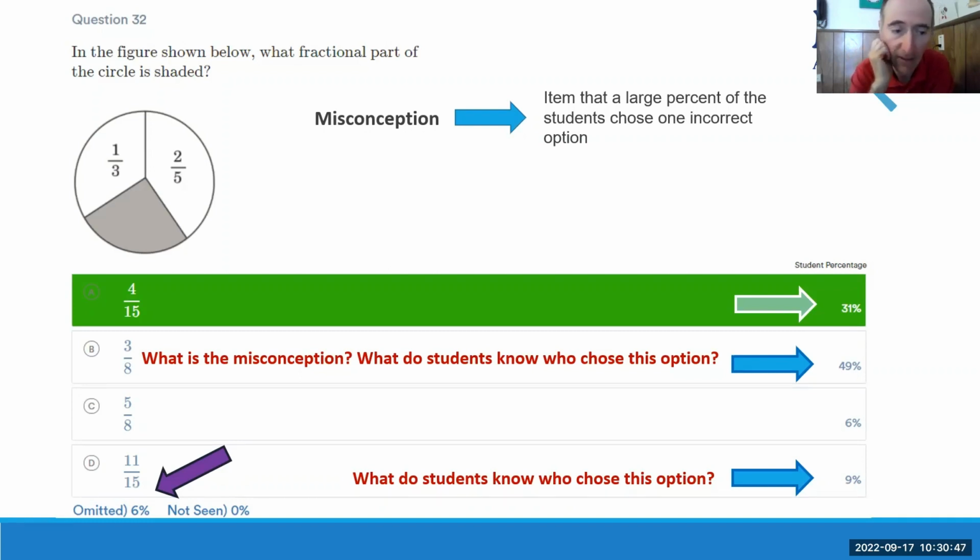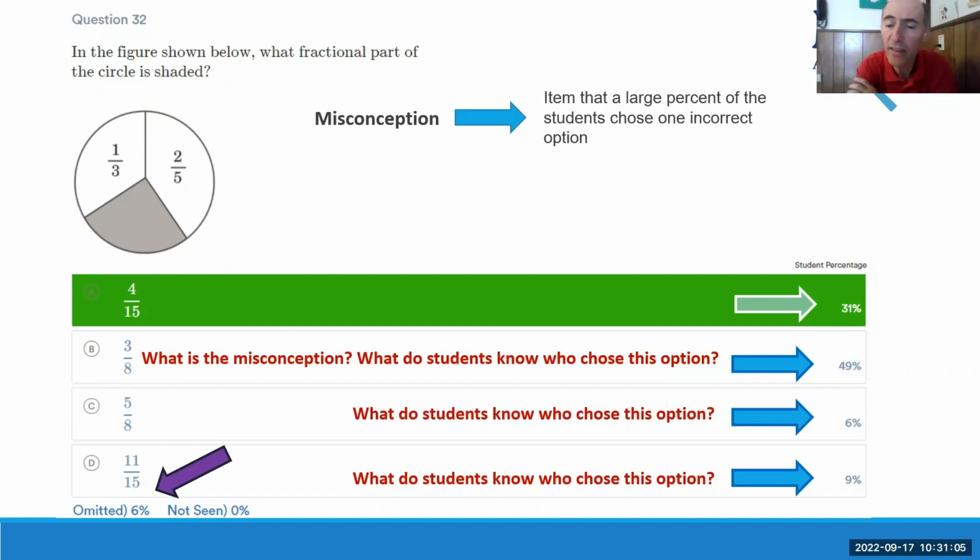So you get 11/15. They know that, but they didn't subtract from 1, right? They didn't look at the portion of the shaded area, which is sort of the complement of the whole.